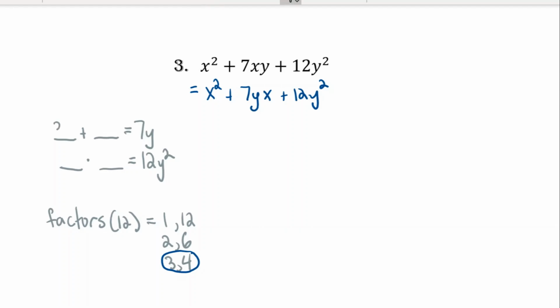It's going to be 3y plus 4y to get 7y, not just 3 plus 4. 3 plus 4 does not equal 7y. 3y plus 4y equals 7y. And that turns out to also equal, when you multiply them together, 3 times 4 is 12, y times y is y squared. So you get the second thing as well.